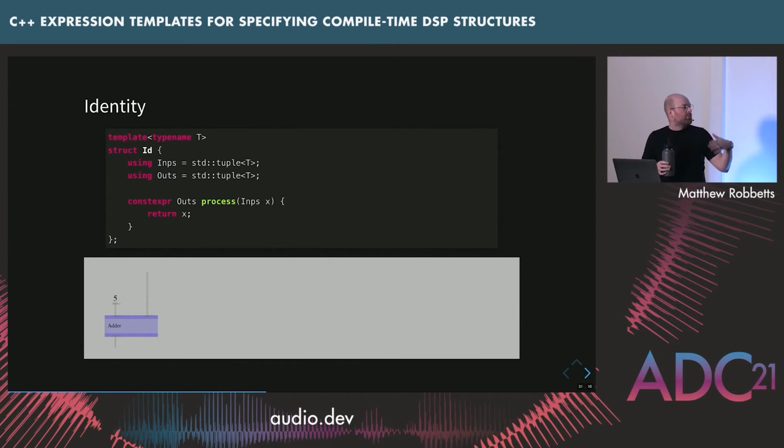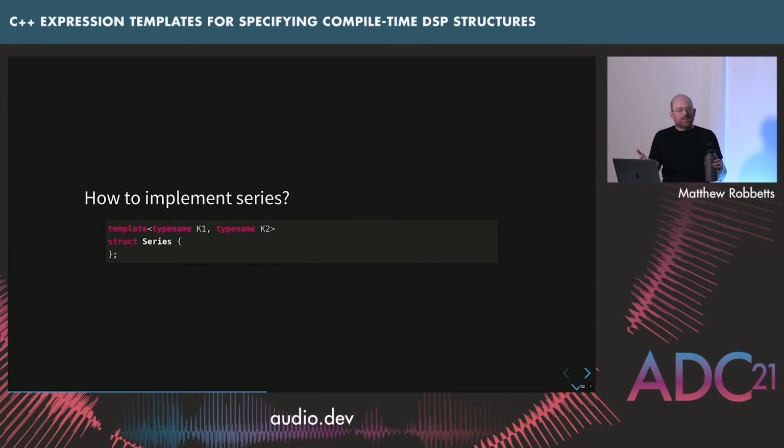So anything you give to the input will have 5 added to it. You can't do this with the series composition because the 5 constant only has one output and adder has 2 inputs. So the way that you do this is you put the 5 constant in parallel with an identity, and then you put that composition in series with an adder. So the identity box is used all over the place in Faust, and also I've used it all over the place in my stuff here.